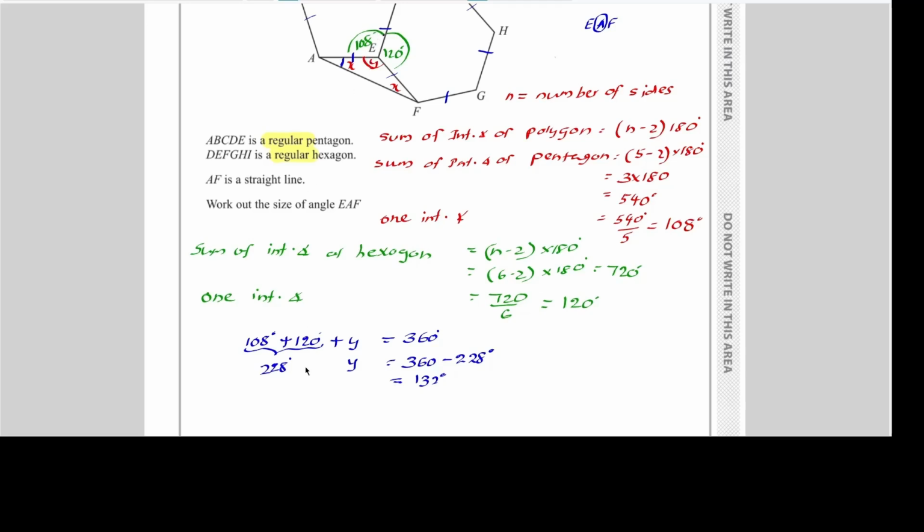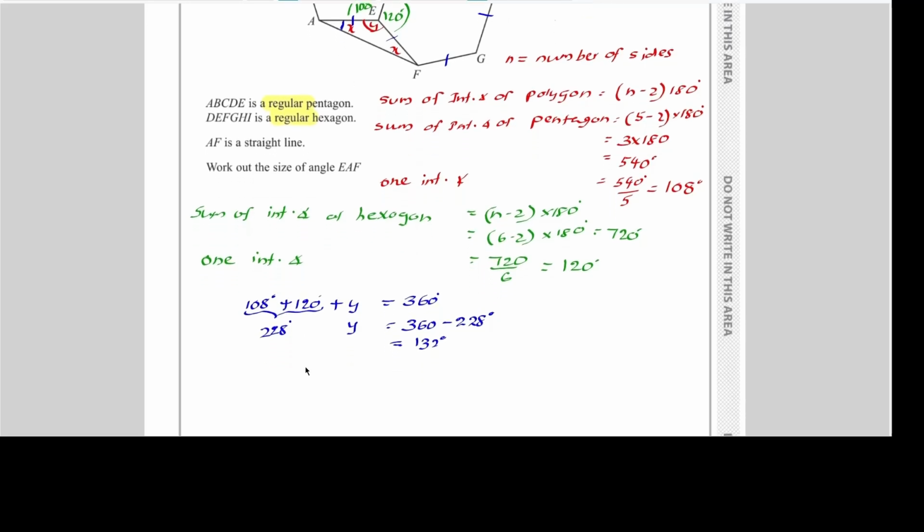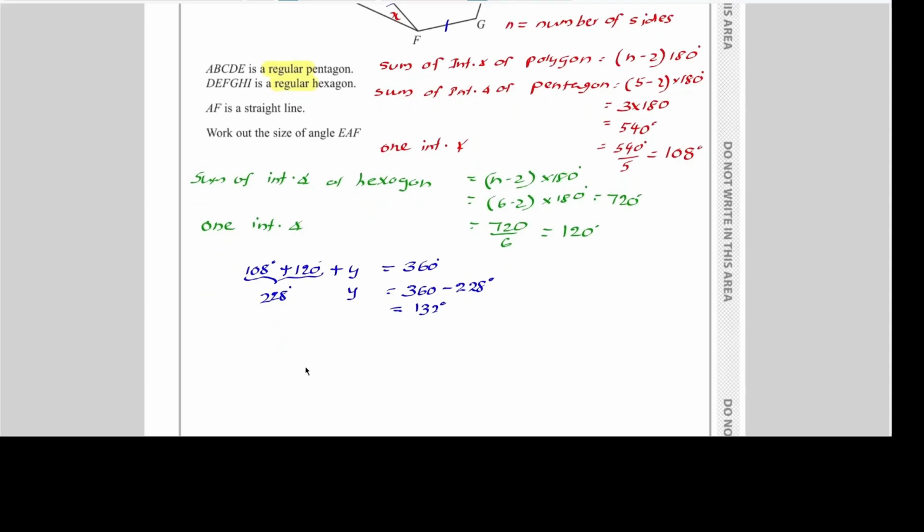I got y. Now we can apply angles on a triangle add up to 180. So I can write 132 plus x plus x add up to 180. This is an isosceles triangle. Therefore, both angles are equal here.